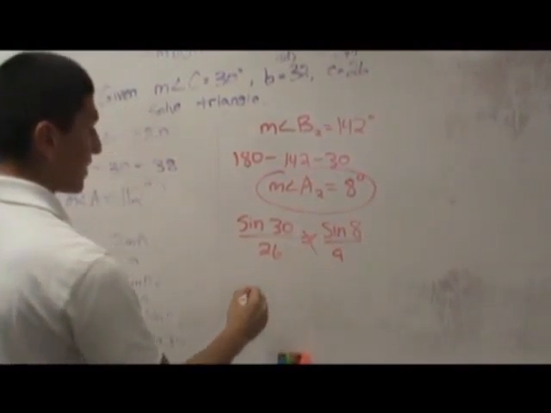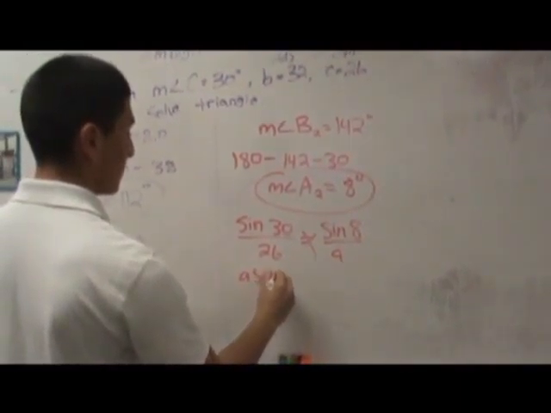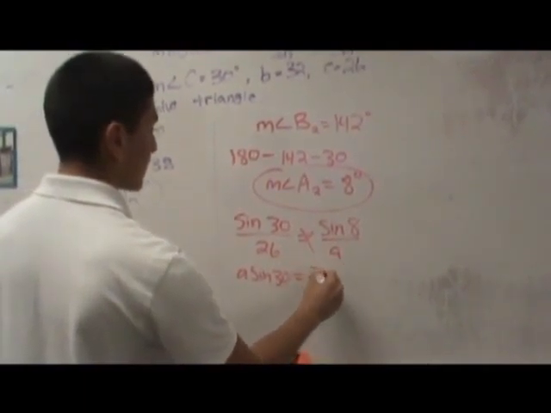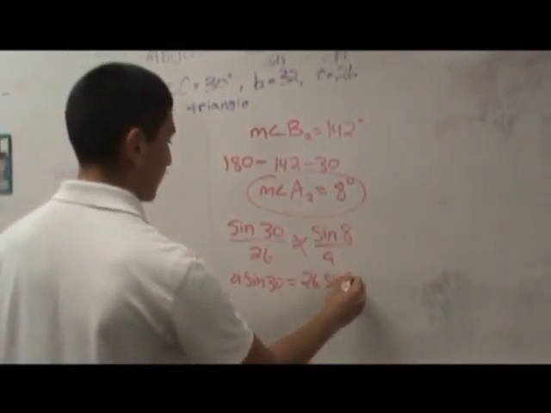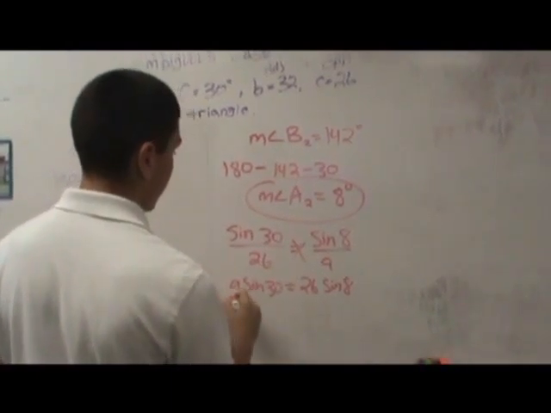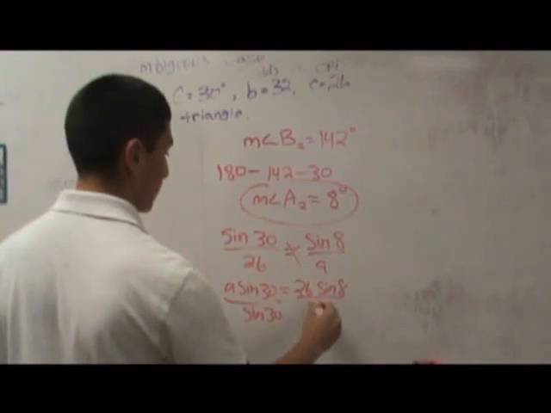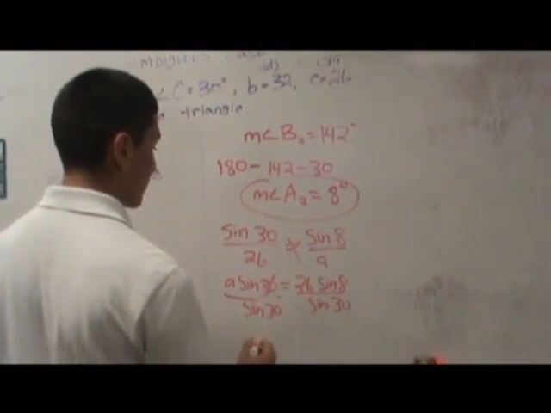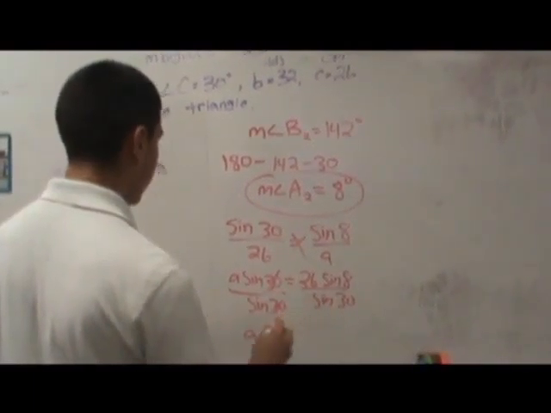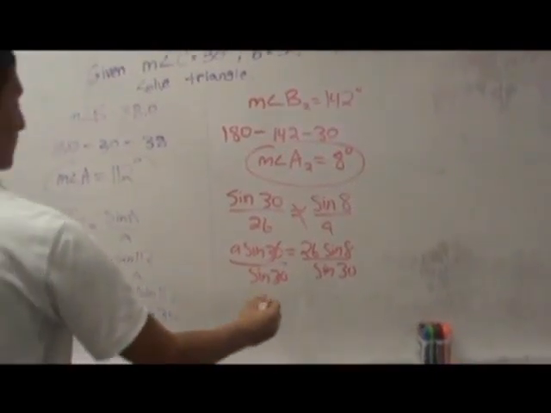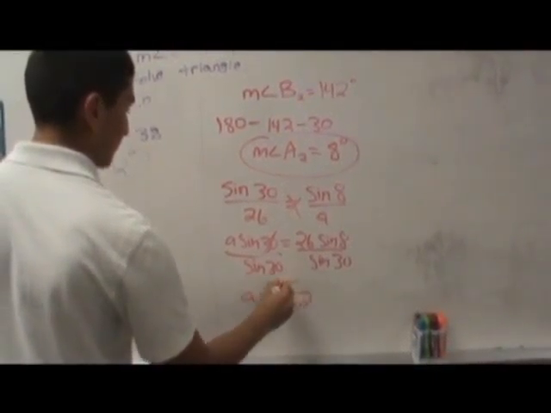We just cross multiply, get A sine 30 equals 26 times sine 8. Divide to get little a by itself. These cancel. Plug it into the calculator, and a would equal 7.2.